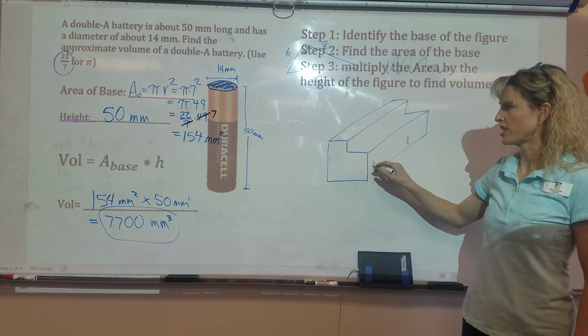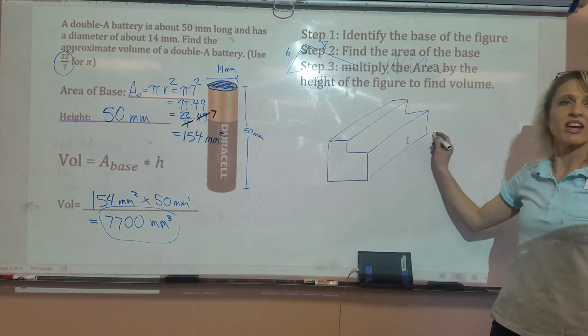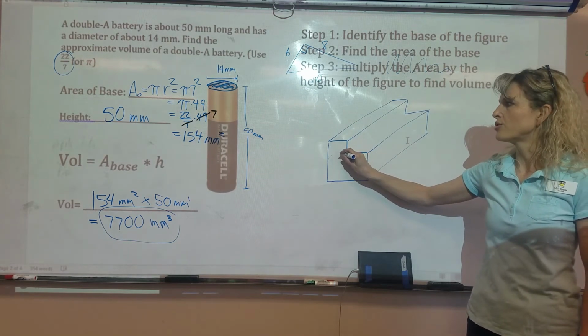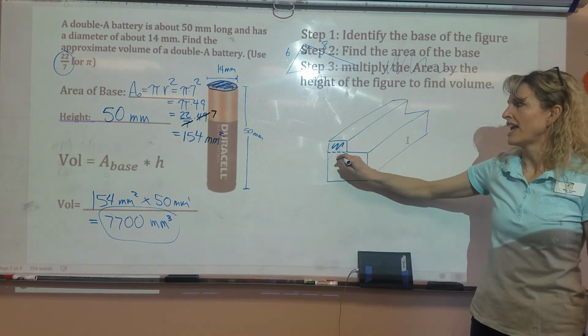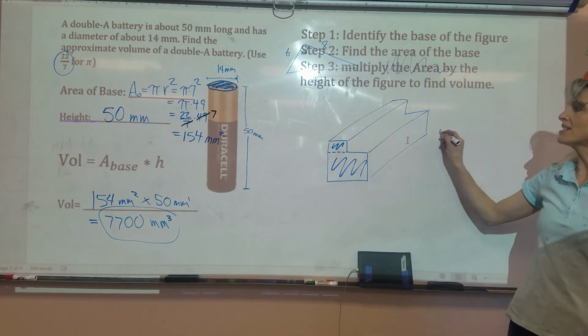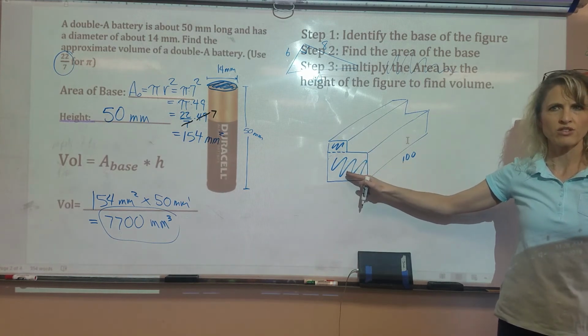Maybe I had 2 and 3. If I just found the area of Utah and then times it by the height, I could find the volume. Could you break this up into 2 shapes? I'd have to find that area and that area, combine the 2 areas, then times it by the height. Maybe it was 100. Okay? Makes sense?